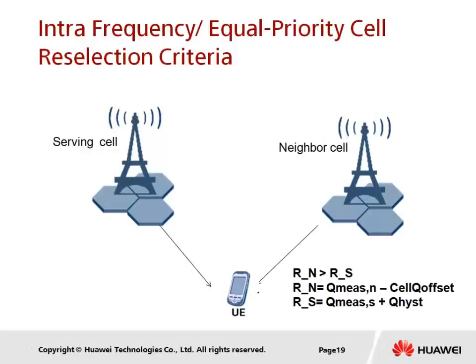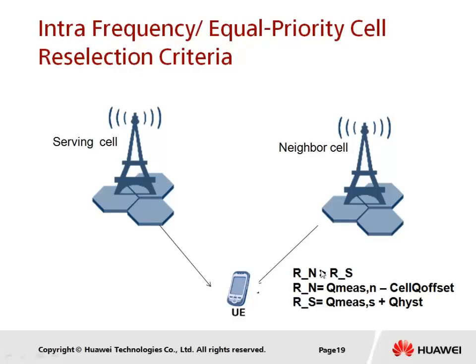So we have seen the measurement start criteria. Now, this is about whether the user should perform reselection or not. Again, we are looking at two scenarios. Scenario number one is for intra-frequency cell reselection, or if the neighbor has exactly the same priority.